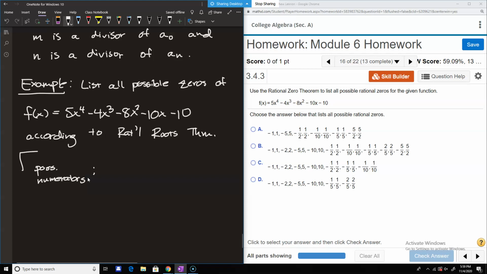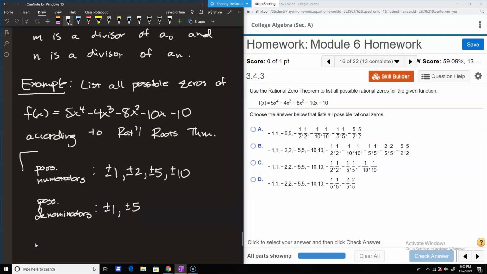So these are all the numbers that could go evenly into 10. So what can go into 10? Plus and minus 1, plus and minus 2, plus and minus 5, and plus and minus 10. Then my possible denominators are the numbers that could go at the bottom of a fraction. Those are the divisors of the number in front of the polynomial, which is 5. So there's 4 of those, plus and minus 1 and plus and minus 5.